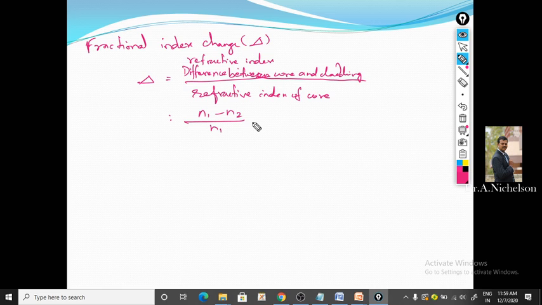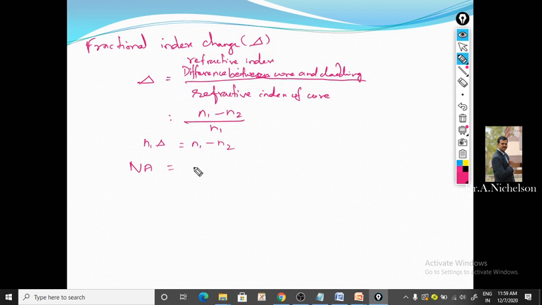Now what is the value for numerical aperture? NA is equal to square root of n1 square minus n2 square.